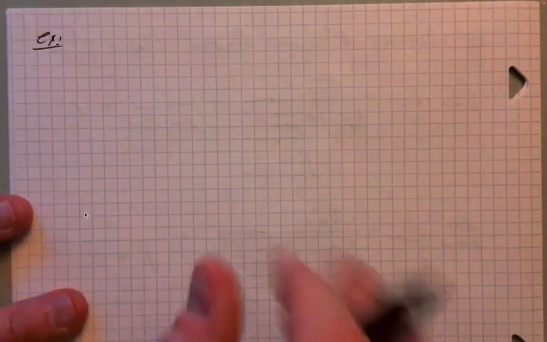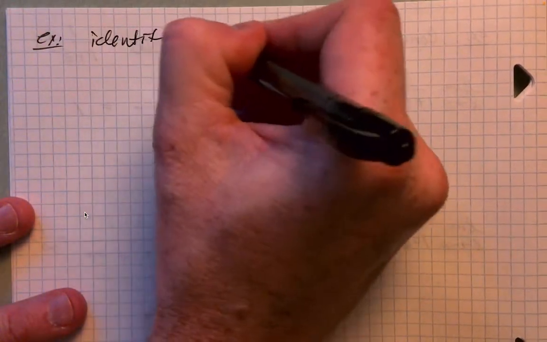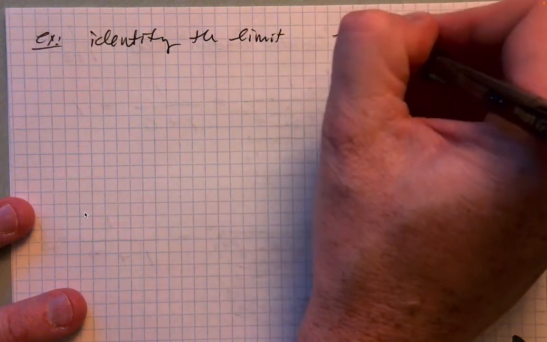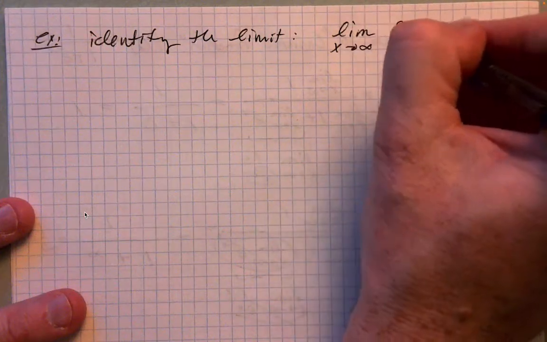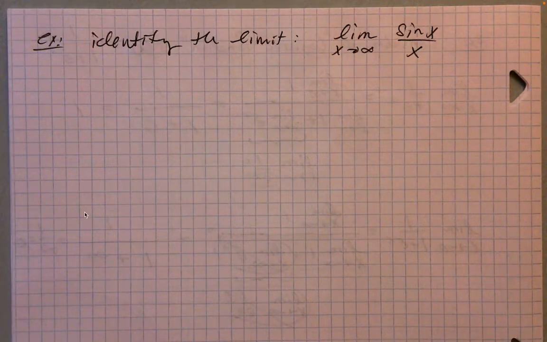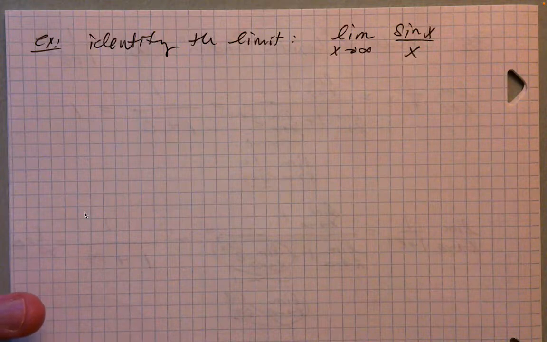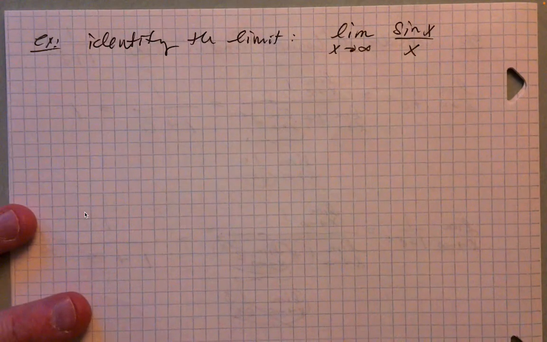Let's identify the limit of x approaching infinity of sine of x over x. Okay, so I think we talked about this one previously, but not as x approaches infinity, but I think as x approaches 0, if memory serves.